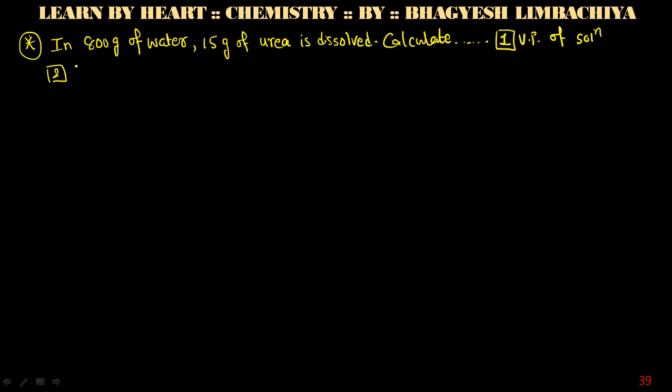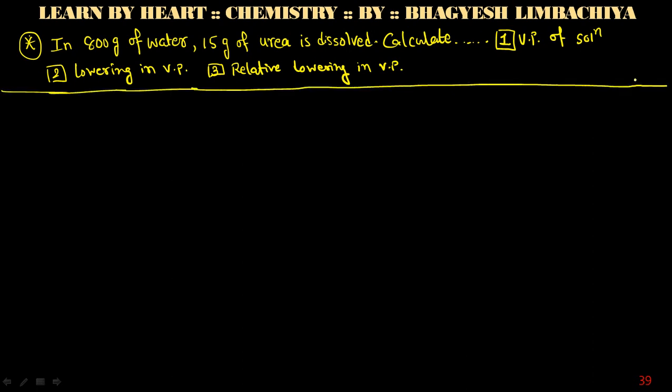Number 2, lowering in vapor pressure. Number 3, relative lowering in vapor pressure. So a total of 3 terms are asked, and at 298 Kelvin temperature, the vapor pressure of pure water is given to you as 50 mm.